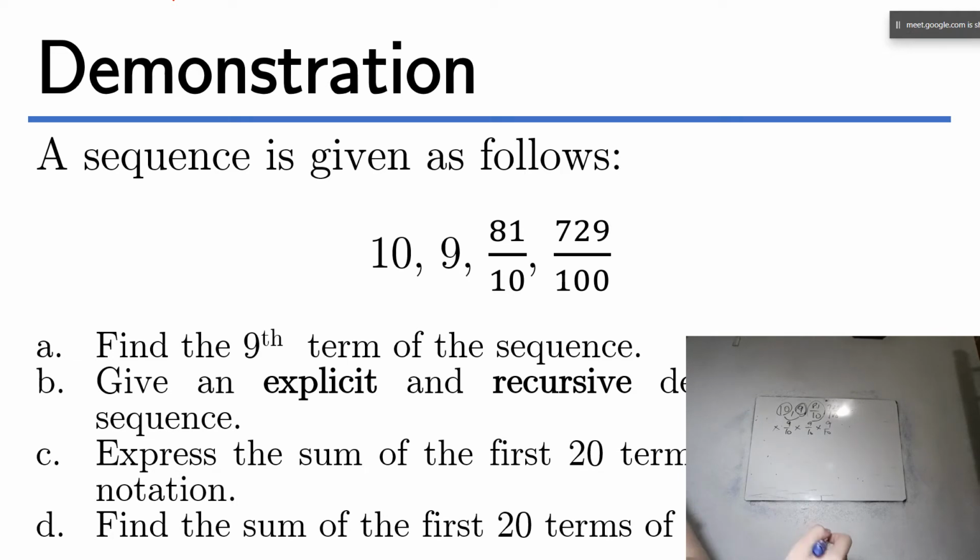Sige, let's do that. Ninth term, a sub n equals a sub 1, r raised to n minus 1.